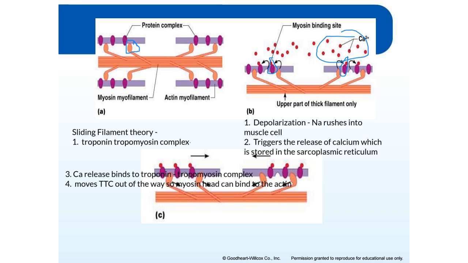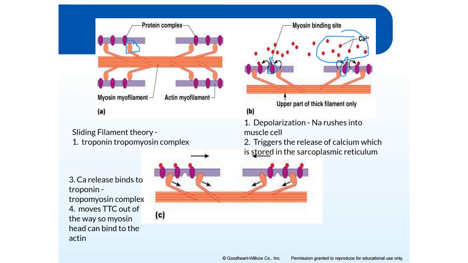And so now, when that myosin head binds to the actin, it allows the myosin to contract, or kind of pull. You'll notice the arrows right here are those myosin heads.